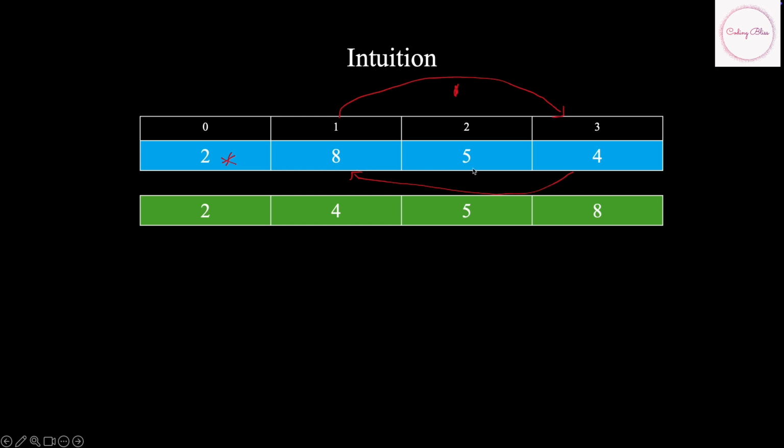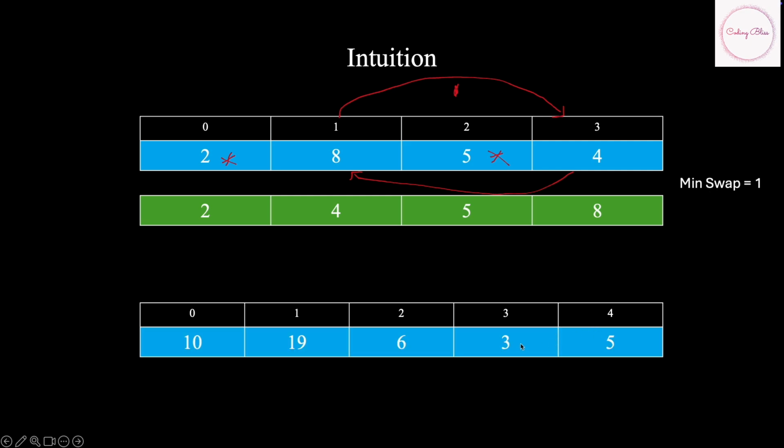Now let's take index 2, which contains 5. 5, as you can see, is in the proper location. As we have already taken care of 4, that means if we have one swap, then we are good. Okay, now as I told you, the minimum swap here is 1.